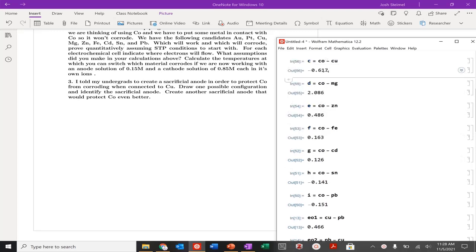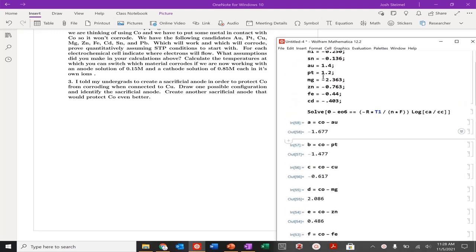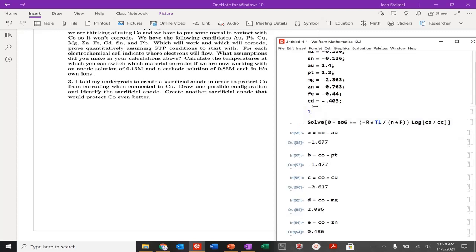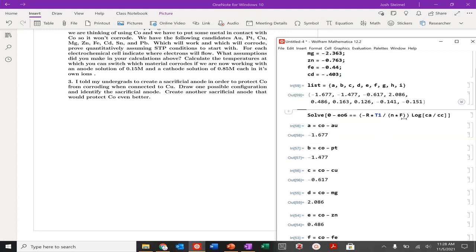Shift enter, we'll make a table again. So state list equals A, B, C, D, E, F, G, H, I, J. Okay, so that's our E naught.